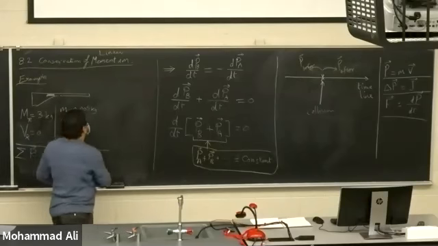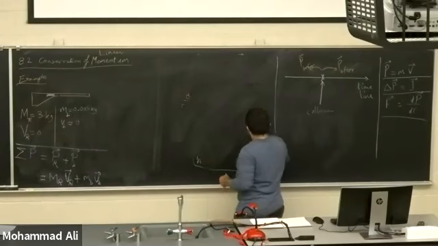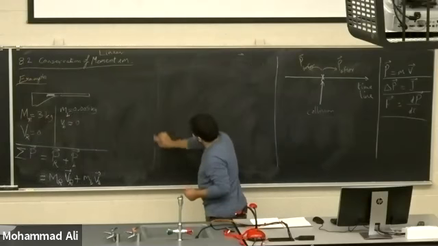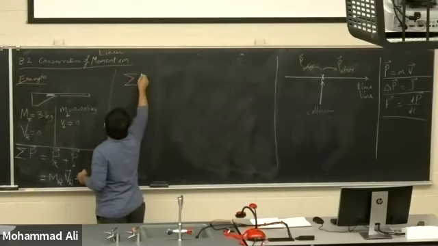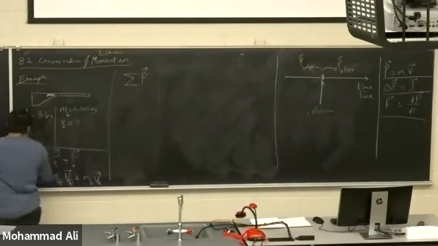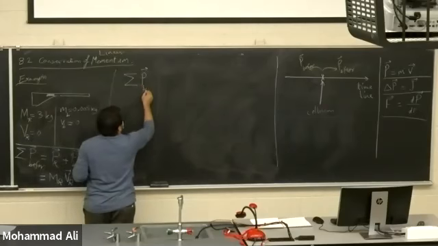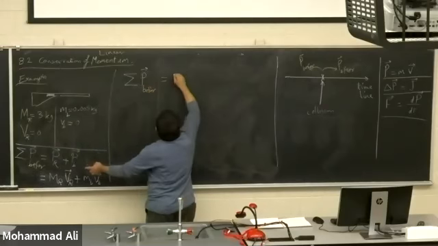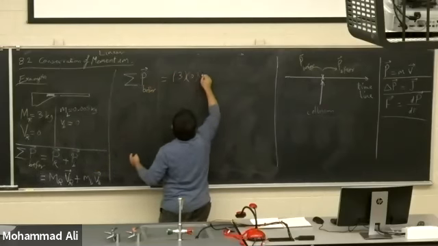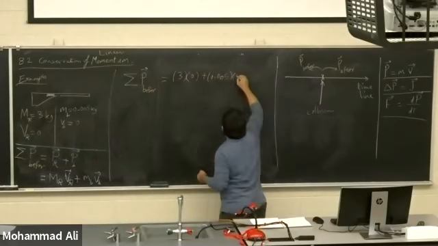The summation of P before is equal to the mass of the rifle, 3 kilograms, times the velocity 0, plus 0.005 multiplied by 0, which is equal to 0 kilogram meters per second.